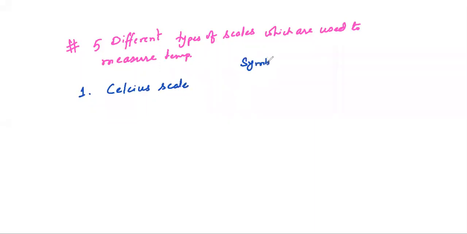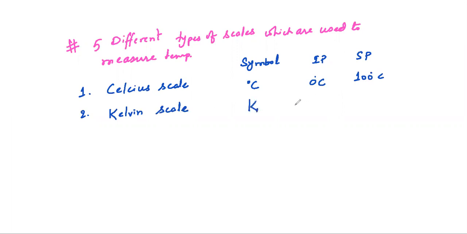I will tell you these things: the symbol, ice point, and the steam point. The symbol is degree Celsius, and it's 0 degree Celsius, 100 degree Celsius. The second one is the Kelvin scale. The symbol is K, and this is 273.14 Kelvin, and this is 373.14 Kelvin. This is also known as the absolute scale.